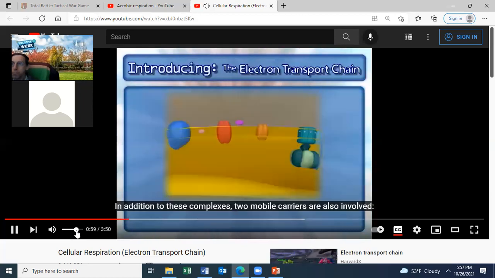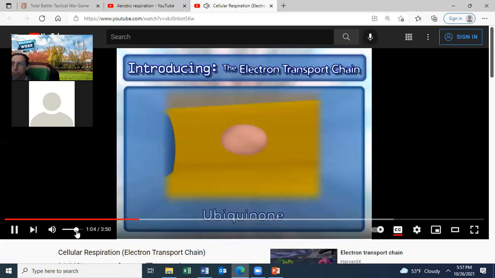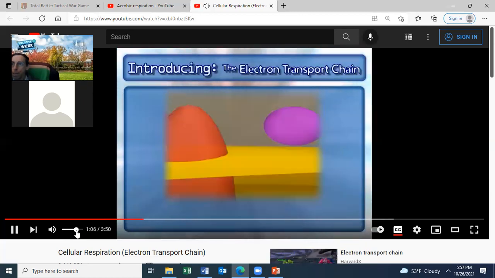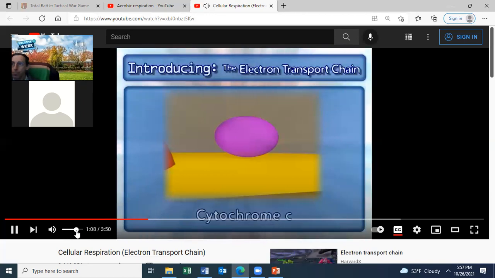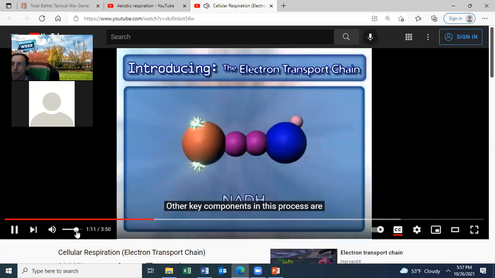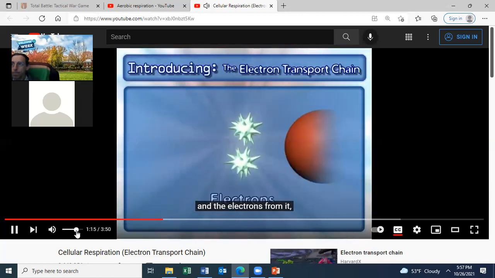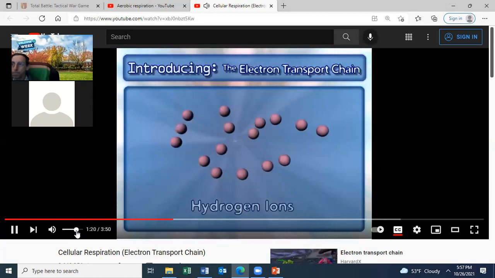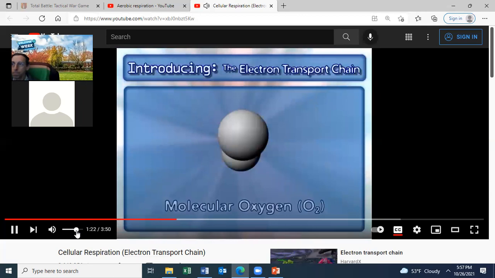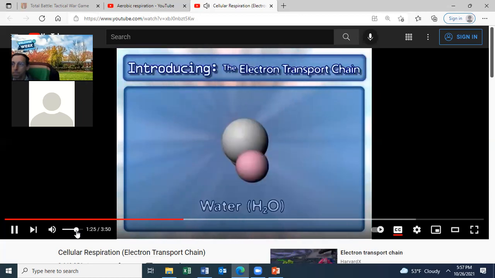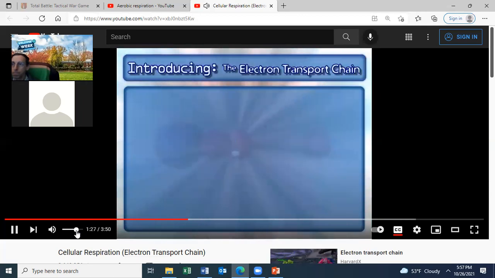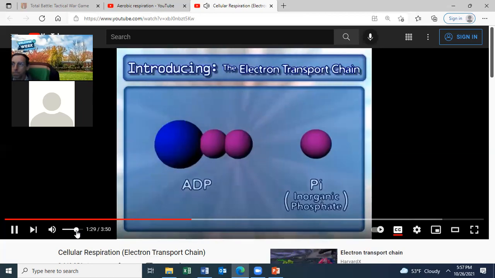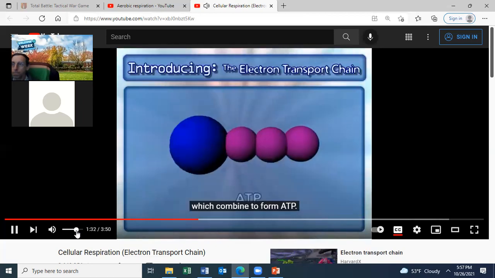In addition to these complexes, 2 mobile carriers are also involved: ubiquinone and cytochrome C. Other key components in this process are NADH and the electrons from it, hydrogen ions, molecular oxygen, water, and ADP and Pi, which combine to form ATP.